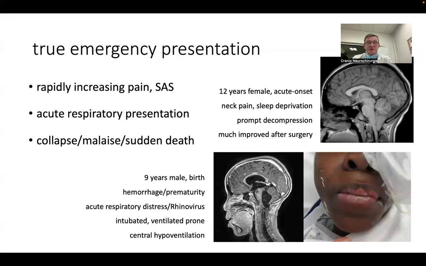This is a near-death experience in a 9-year-old male who had the antecedent of birth hemorrhage and prematurity, and he had an acute respiratory distress. He was intubated. He had a refractory pulmonary disease requiring prone position ventilation, and in fact he was found to have a central hypoventilation, and MRI found Chiari with syringomyelia.